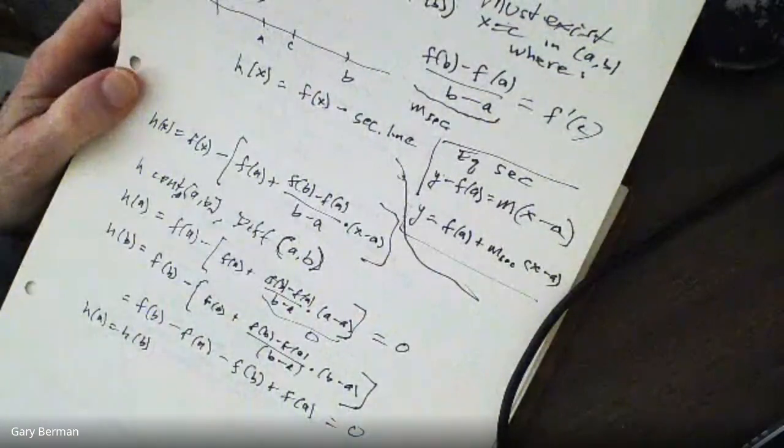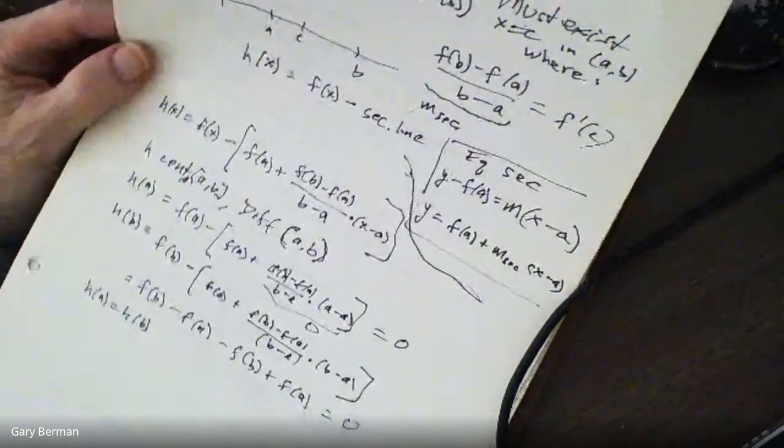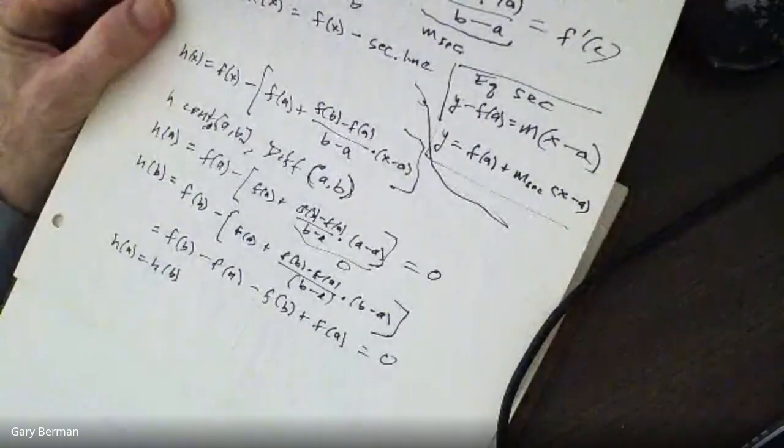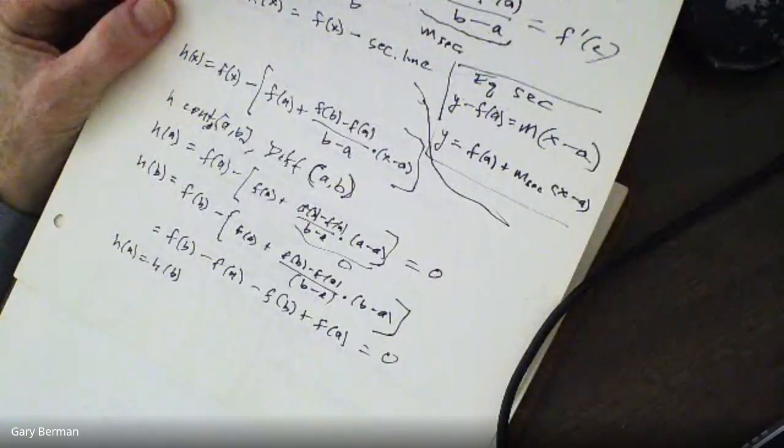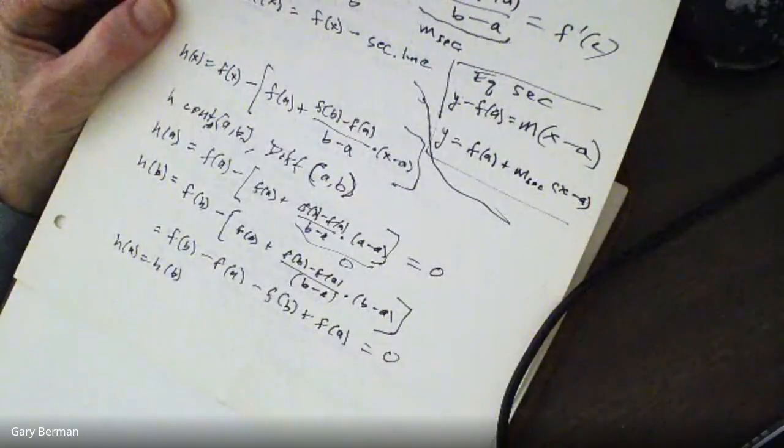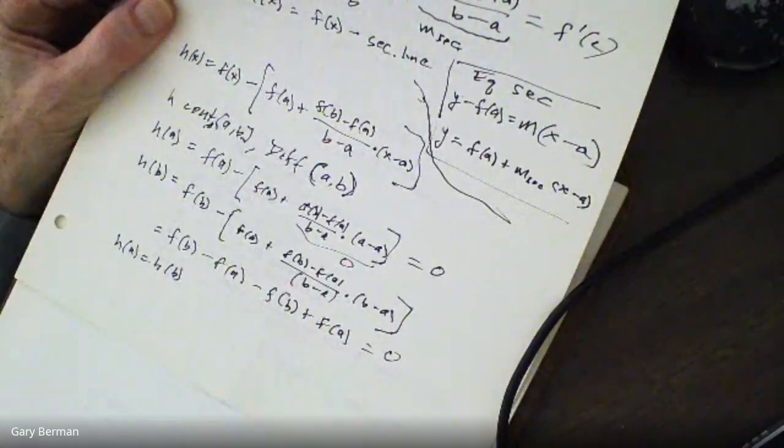That's true because both sides of the equation equal 0. So Rolle's theorem can now be brought in. Rolle's theorem says there has to be some point c where the derivative is 0 for the function h. So let's first take the derivative of h.